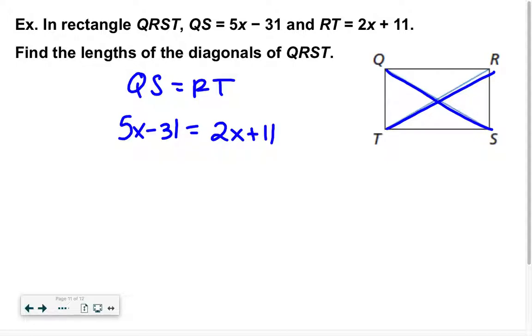Okay, solve for x real quick. I'm going to do it in my head. Let's see how well I do. Once you find x, plug it back in to find the length of the diagonal.